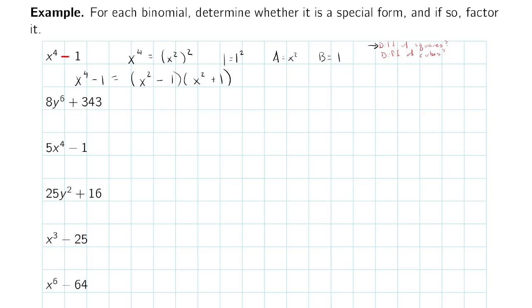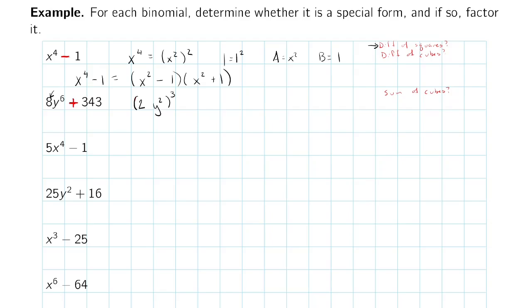Okay, next example. And here I have addition. So if this is going to be a special form, this is going to have to be a sum of cubes. 8 jumps out at me as a perfect cube. 8 is 2 cubed, and then y to the 6th is y to the 2 times 3.